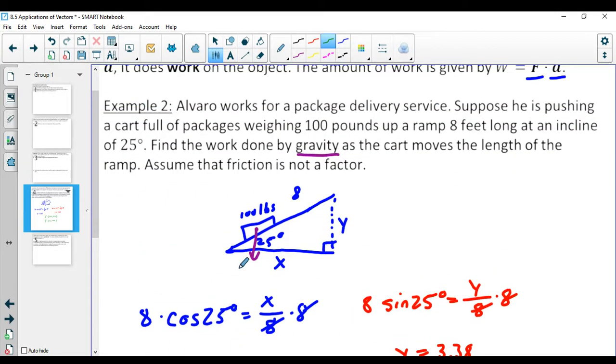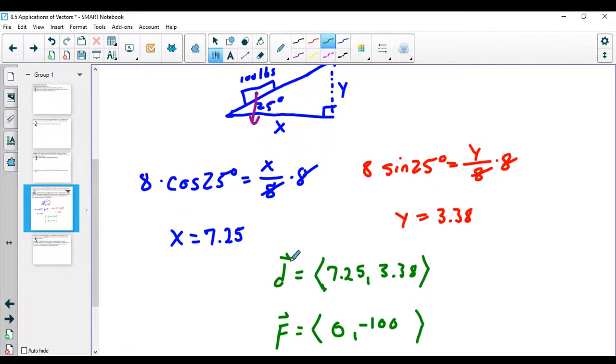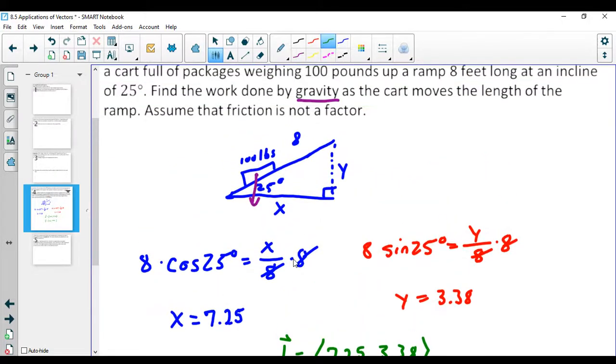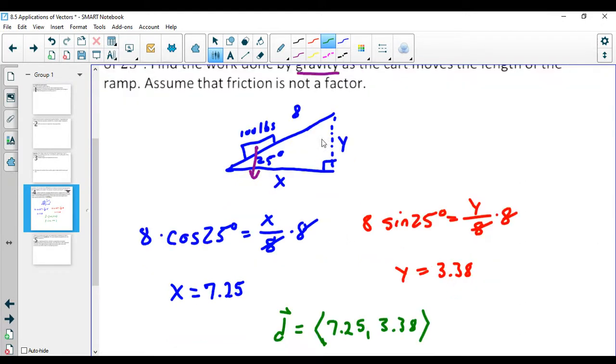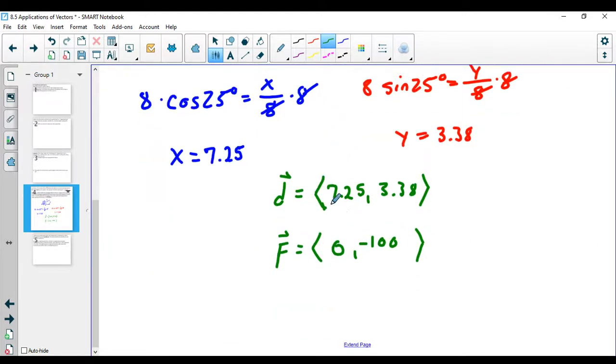And of course, gravity is a constant force, always acting. Again, I think recognizing the displacement, where the object has gone in terms of X and Y, is key. If it's gone up this ramp 8 feet, it's gone this far in X and this far in Y. And once you have displacement, finding what vector the force might be is easier.